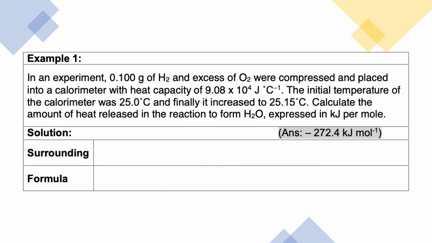The initial temperature of the calorimeter was 25 degrees Celsius, and finally it increased to 25.15 degrees Celsius. Calculate the amount of heat released in the reaction to form H2O, expressed in kilojoule per mole.